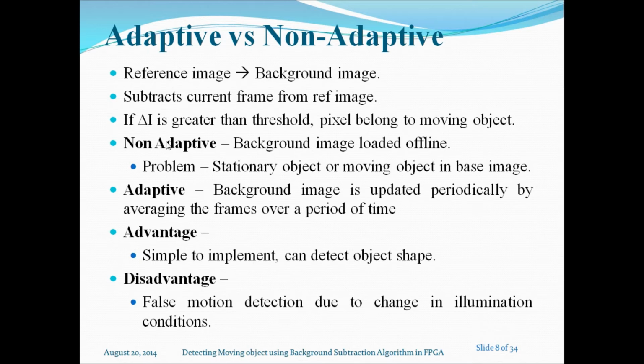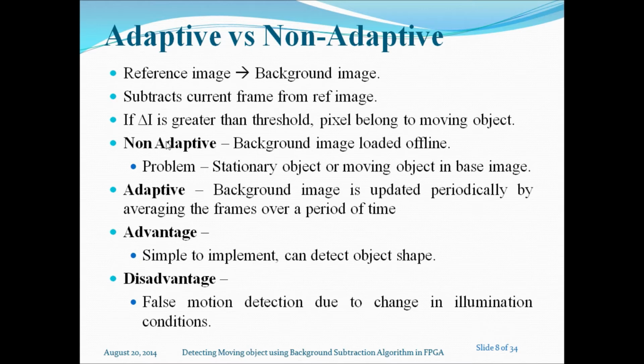The method in which the background image is loaded offline is classified as non-adaptive. The problem with this method is that it is more error prone. At the time of image capture, a temporarily stationary object becomes part of the background image, thus offering a false image. To avoid such problems, an adaptive approach is used.